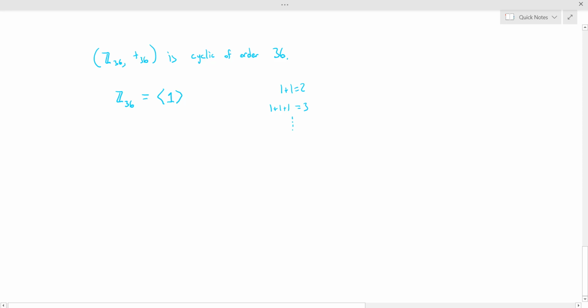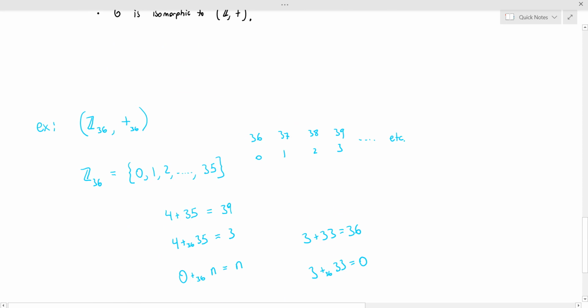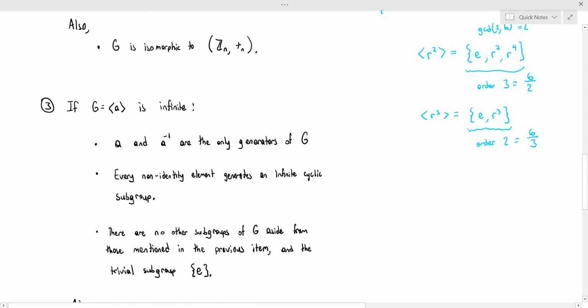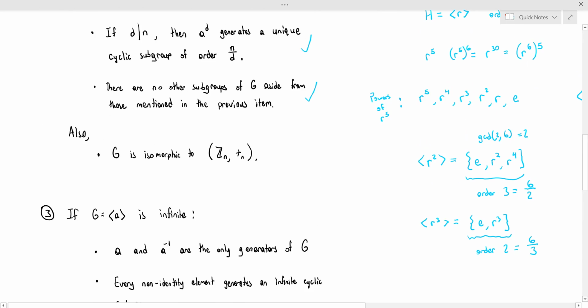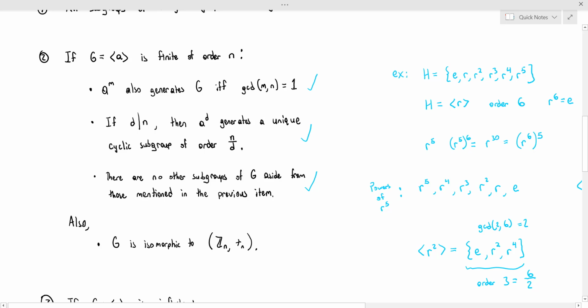Okay, now, first, let's ask the question, what other numbers are going to generate Z36?